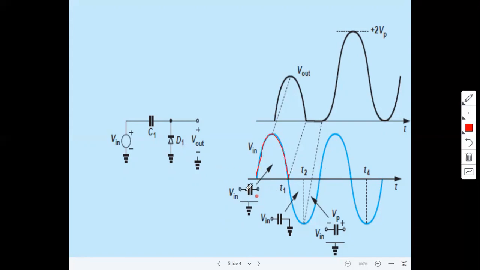Only the capacitor's second terminal is connected to the output. The left terminal is connected to VIN. So it simply behaves like a short circuit. The output follows the input. The black line indicates the output. Output follows the input.